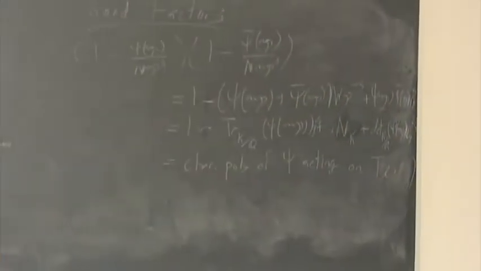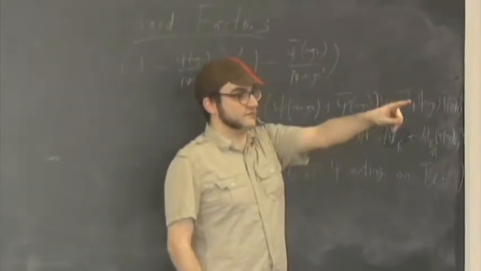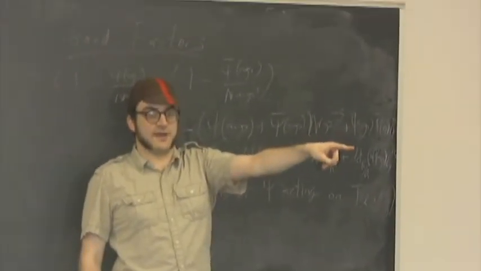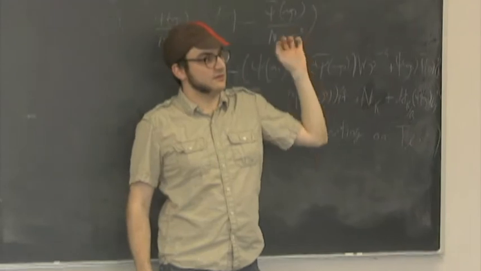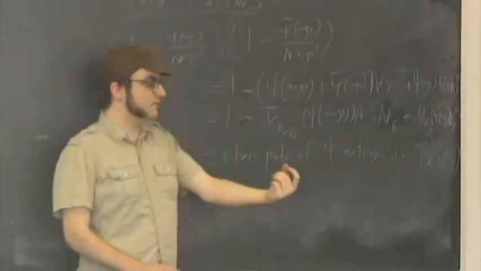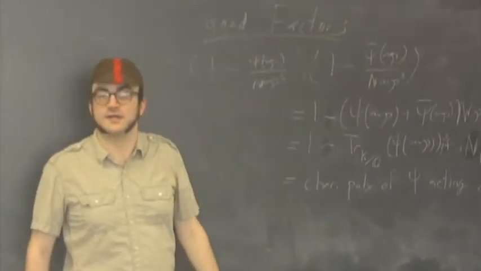Now the result follows, essentially. I'm out of time, but it follows from the fact that psi is a lift of this geometric map named Frobenius, and the reduction of the map named Frobenius in Galois theory is also the map that raises coordinates to the q, y to the q. So it's the same characteristic polynomial that defines the L-factors. And I'm done.